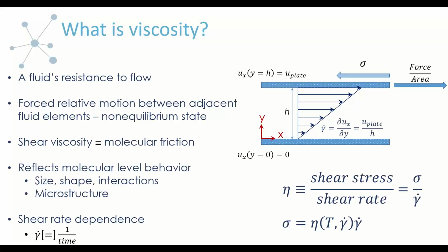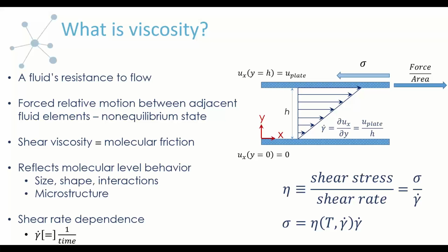And in some cases, the viscosity is shear rate dependent. And in these cases, we can probe at different time, or rather length scales, by changing the shear rate. Since shear rate is inverse time, the faster or harder you shear something, the higher the shear rate, the smaller the time scale is that we're looking at. On the right here, we just have an example of a homogeneous flow induced by a cone and plate rheometer.